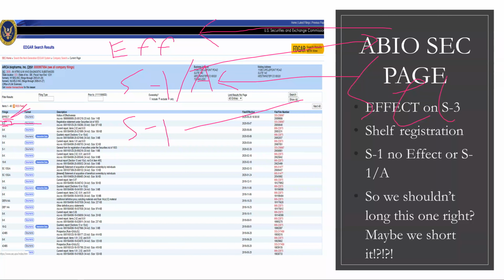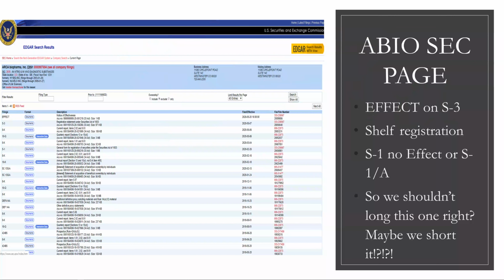Once the effect is live, that means they can raise off of that S3. So this effect, if we were to click on it, is going to pull up this S3 and show you how much they can raise. So, effect on S3, shelf registration.